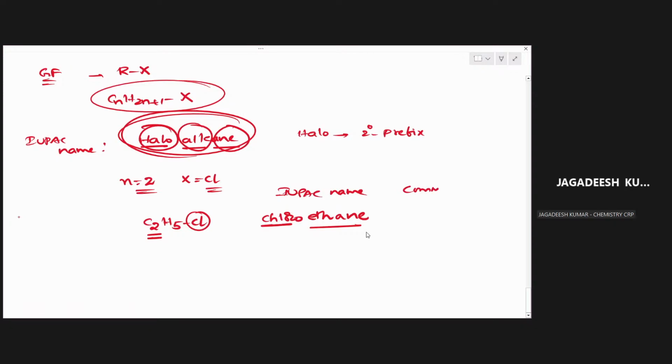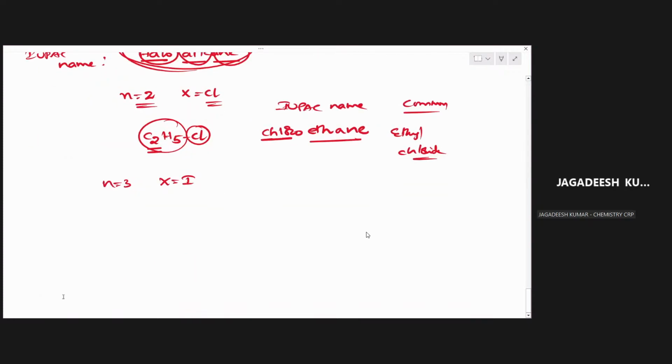And we can write the common name also. Common name means what here? Simply, this is an ethyl group, so the alkyl group is ethyl chloride. This is the common name. I am taking one more example. If I am taking n is equal to 3 and X is iodine, then how to write here?